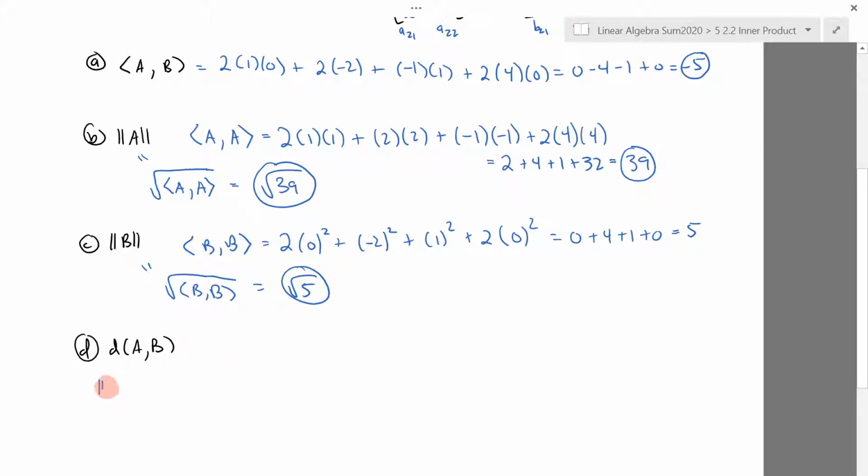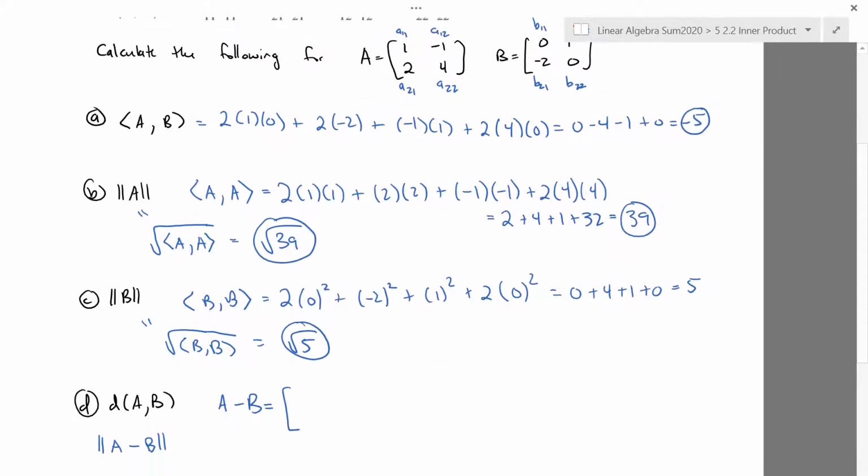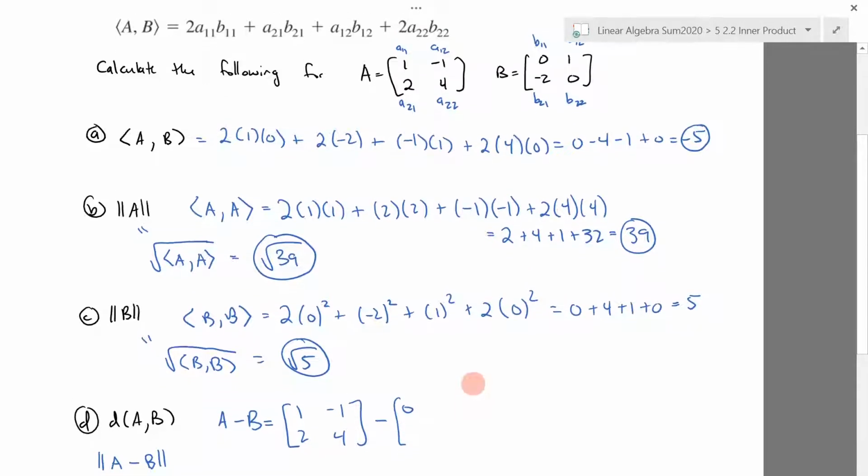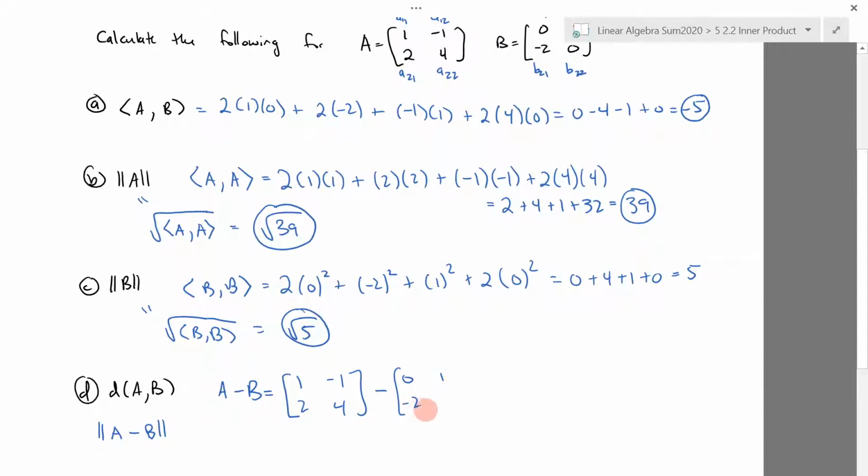It's the length of A minus B, thinking of these two matrices as vectors. All right, so we first calculate A minus B. So what do you get? 1 minus 1, 2, 4, minus 0, 1 minus 2, 0.